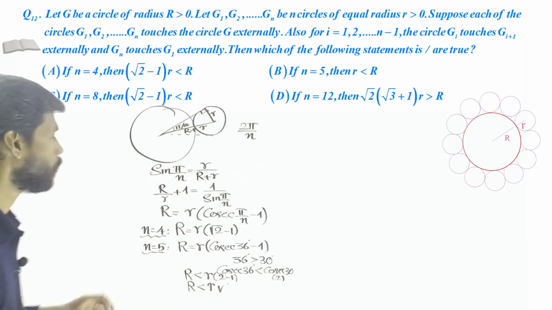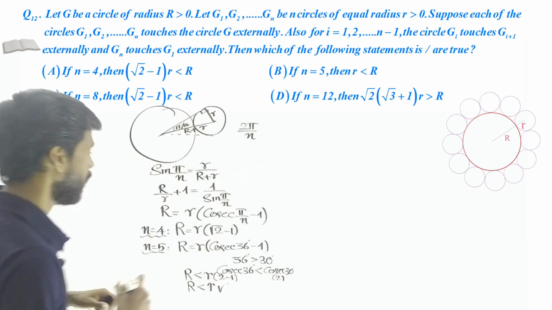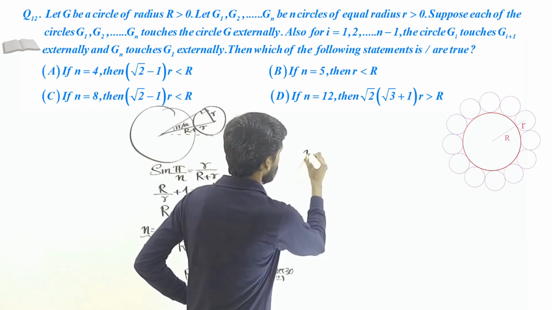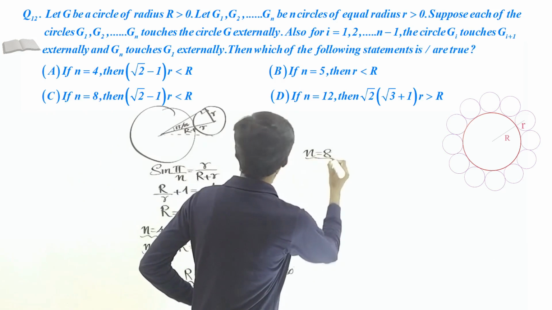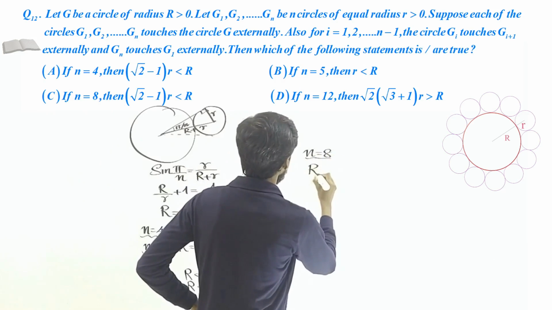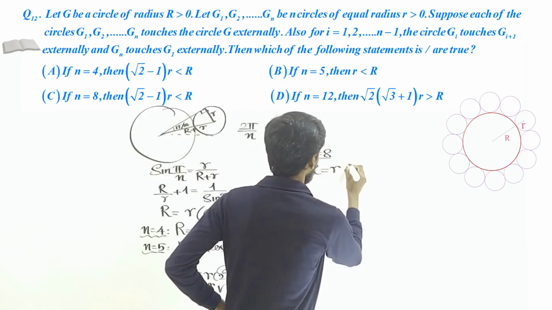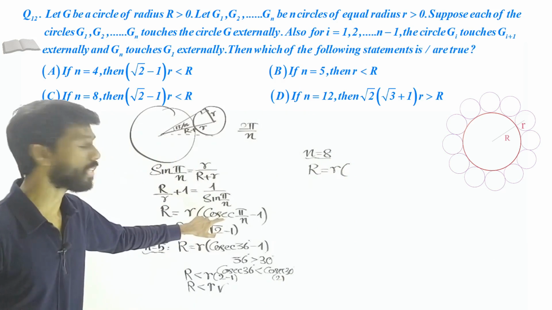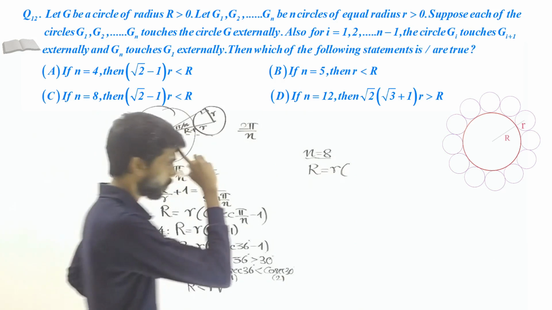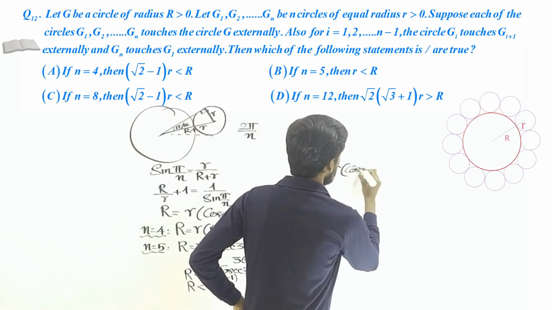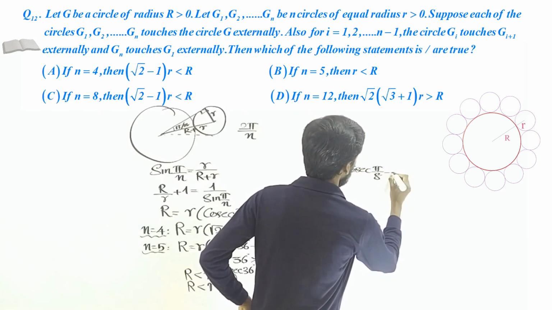Okay. So now we have to find the next case where the value of n is 8. So when n is 8, capital R equals small r multiplied by cosecant pi by 8 minus 1. So what is pi by 8? Half of 45 degrees, so less than 45 degrees.